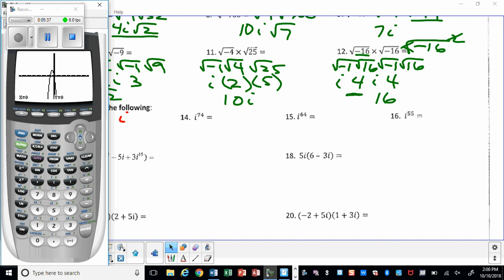So I'm going to get in my mode and go to imaginary mode there, and then I can do math, arrow over to num, go down to i part, and hit enter, and then I can put in i to the 74th. The i is second, this little dot, you can see it, it's blue above the period. All right, and then I'll do my up arrow to the 74th power.